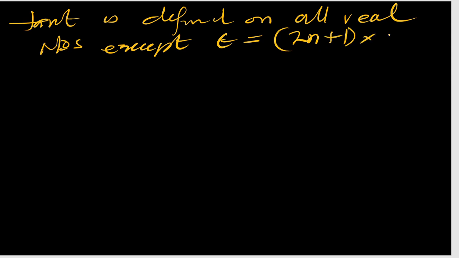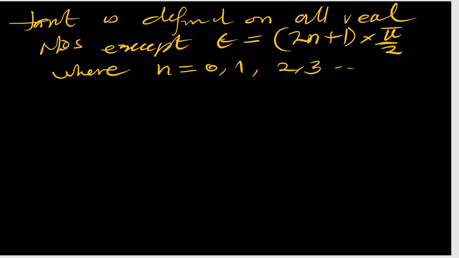The pi on 2 is the 90 degrees, but I want to state this one in radians, where our n is equal to 0, 1, 2, 3, etc. Sorry, this will be 2n plus or minus 1. Good.